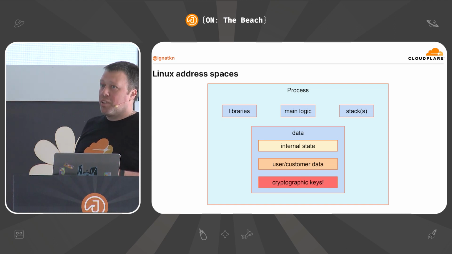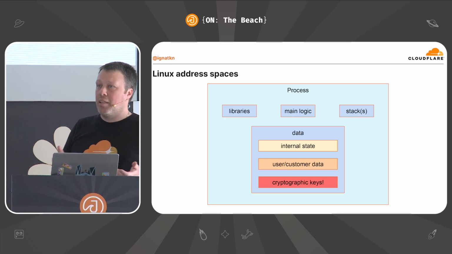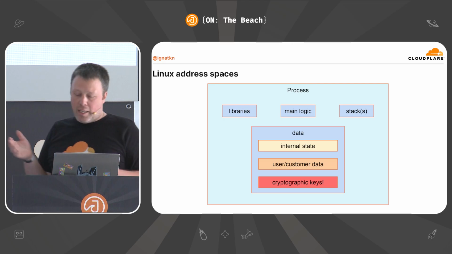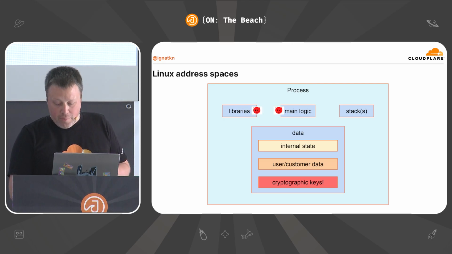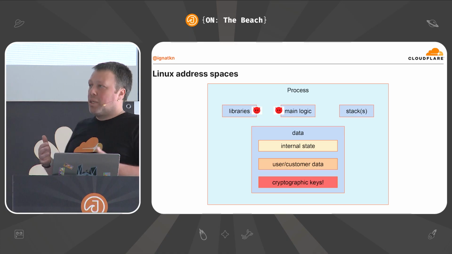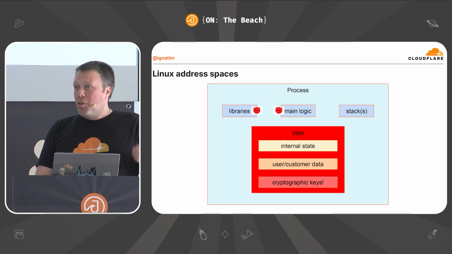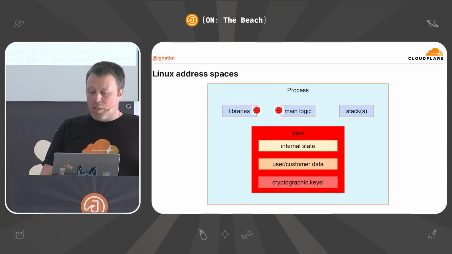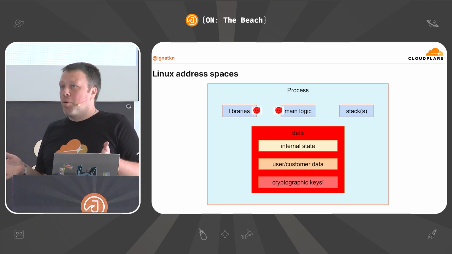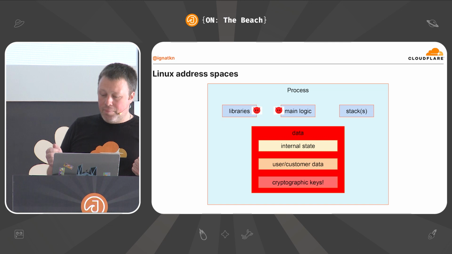And most importantly, if your application does some sort of cryptography like TLS, or the old name SSL, it will have cryptographic keys. The problem is, if suddenly your application becomes compromised, so somebody hacks your application, because of the way address space isolation works, everything in the data section becomes compromised and accessible to the compromised code, right?